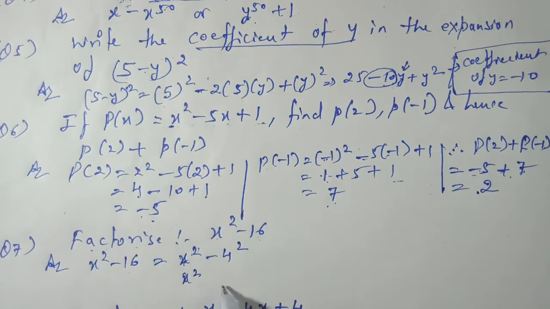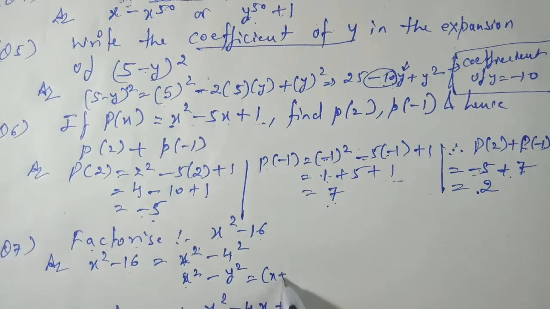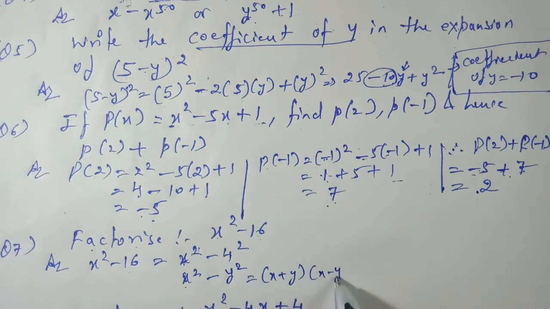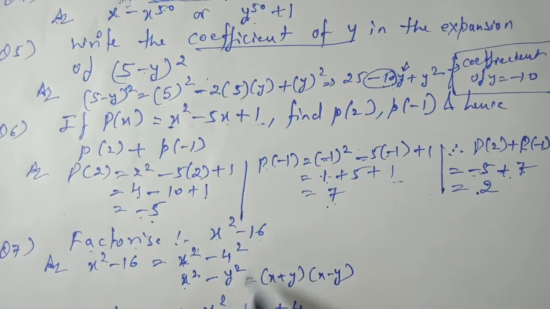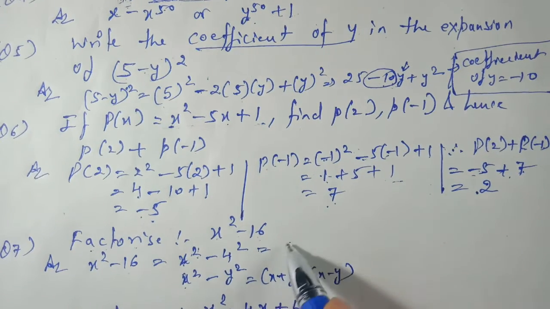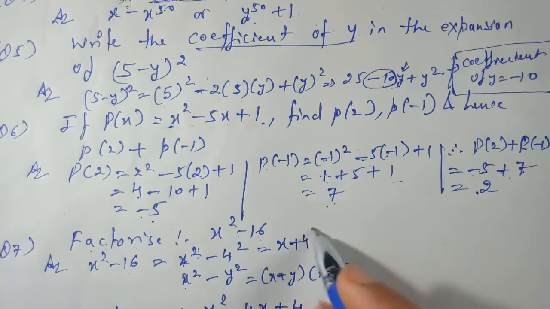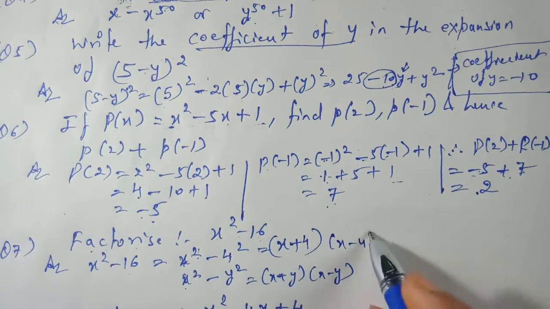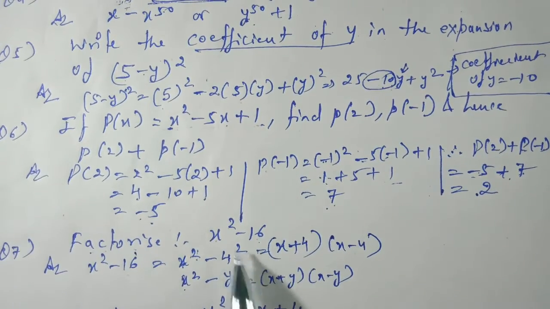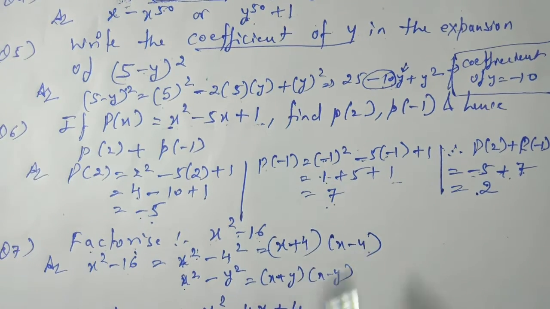If we suppose the second number as y square, then we know the identity x square minus y square is equal to (x plus y)(x minus y). Based on it, taking the right hand side portion, the factors are (x plus 4) and (x minus 4).